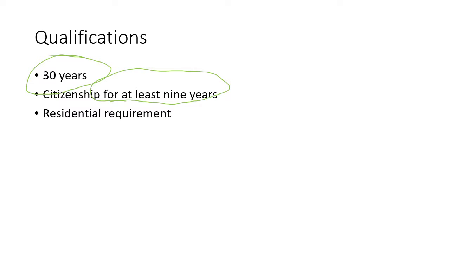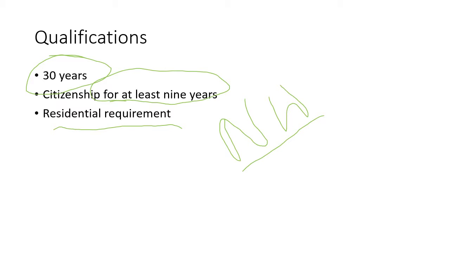And the residential requirement is also given for the qualifications for senators. That is, he must be a resident of the respective state which he is going to represent in the Senate. For example, if somebody is a resident of New York, then he can become a senator of New York, right?